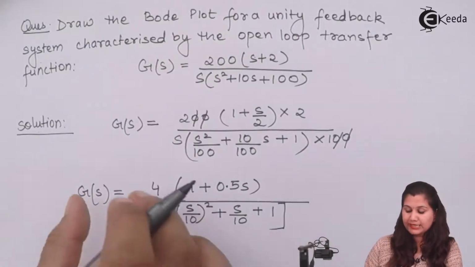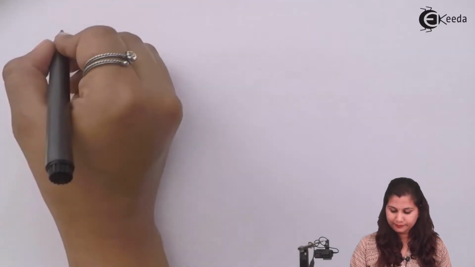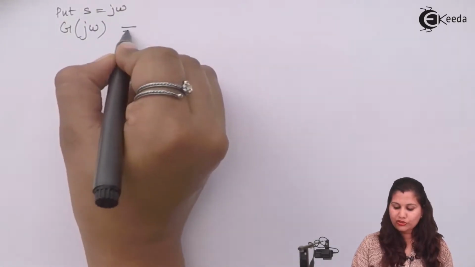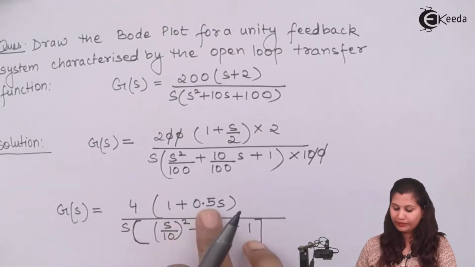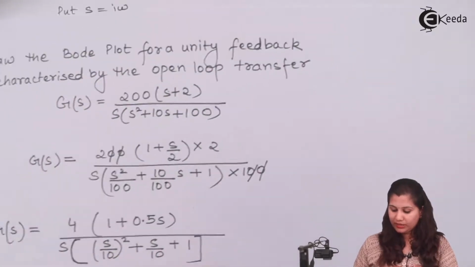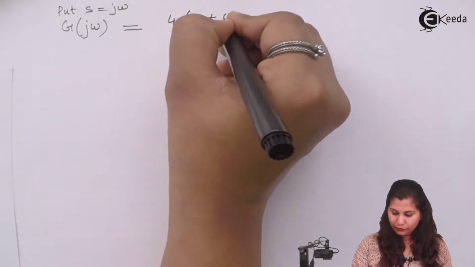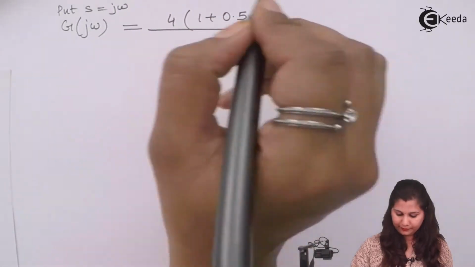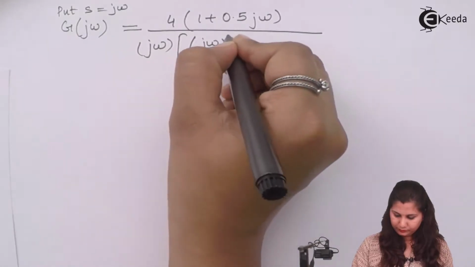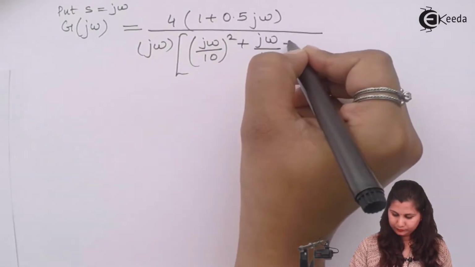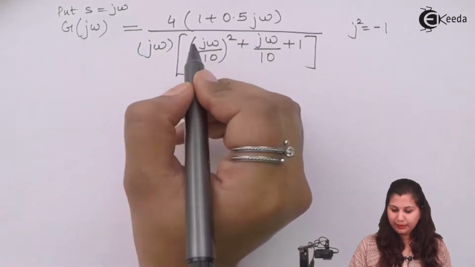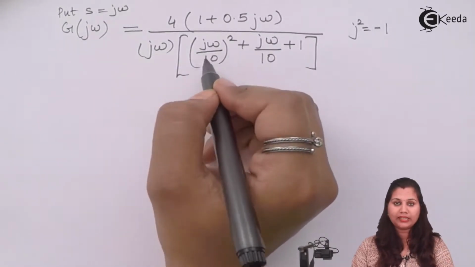Okay. Now we will put s = jω in this. So G(jω) will be equal to 4(1 + 0.5jω) upon (jω)², so it will be j²ω². Now j² is equal to minus 1, so this will become minus ω² by 100.